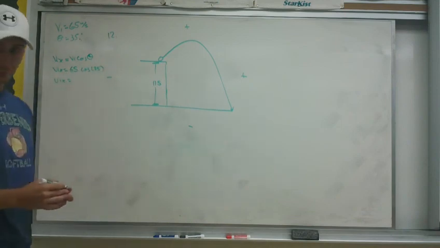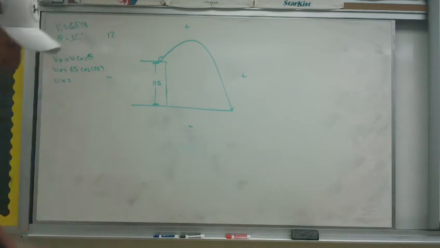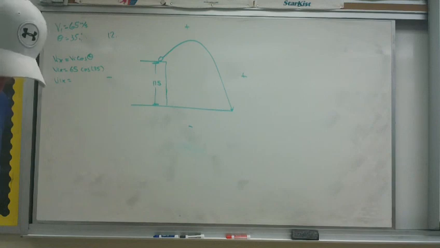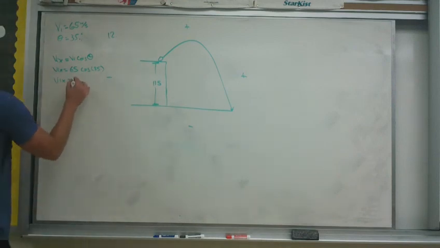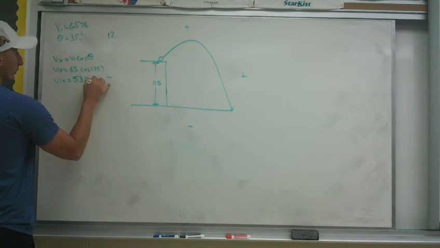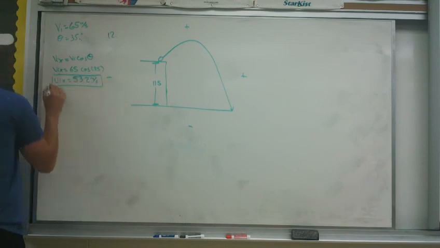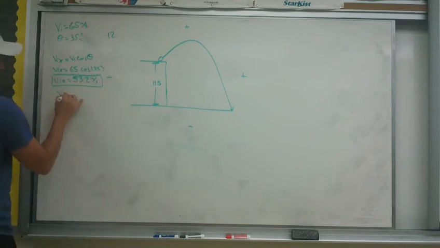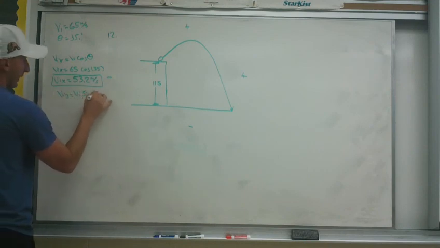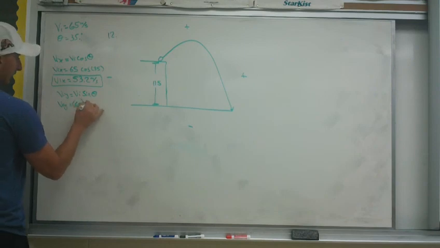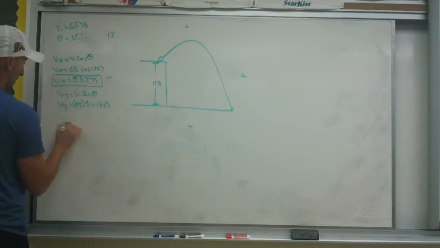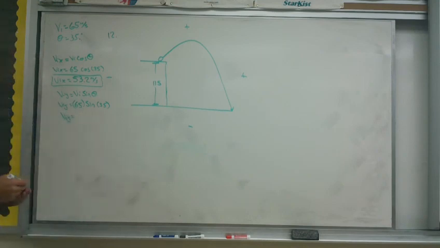VIX equals cosine 35 times 65, which is 53.2 meters per second. Now I'm going to find VIY. VIY equals VI sine theta. VIY equals 65 times sine 35.